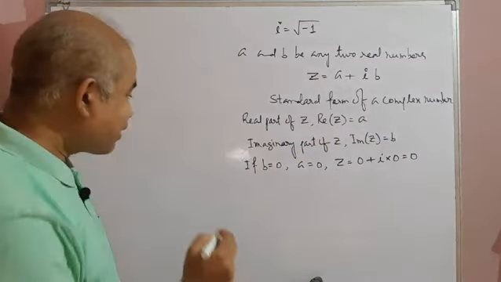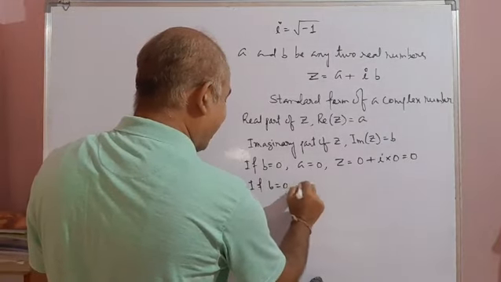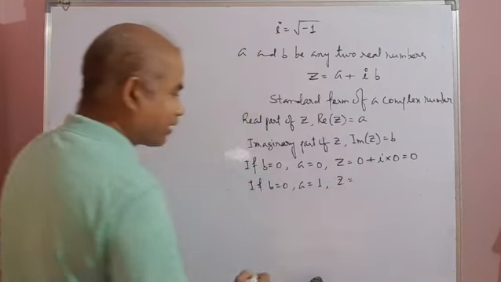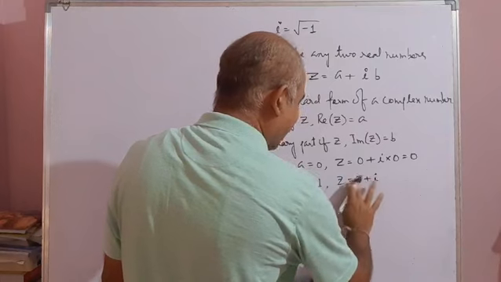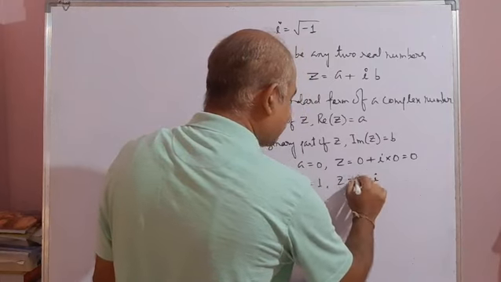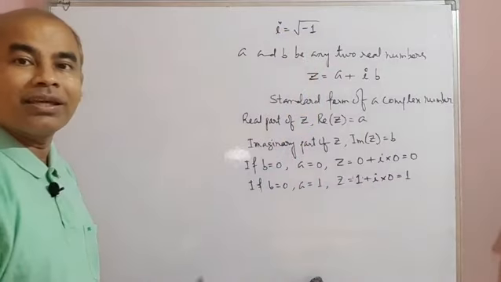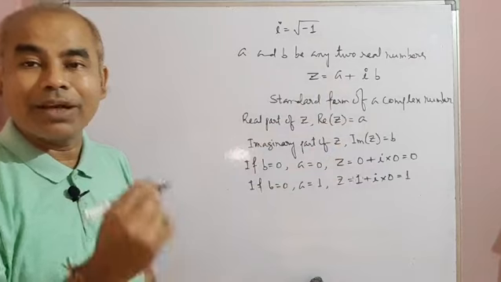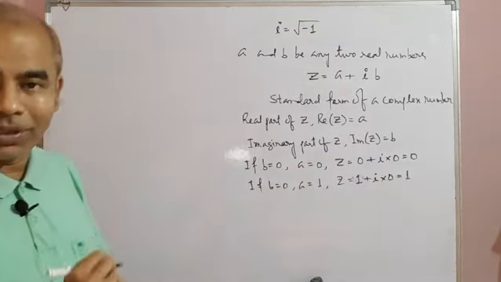Next, suppose I take b equal to 0 and a equal to a positive integer, say 1. Then my complex number is 1 plus i into 0, that is 1. That means a natural number can also be written in the form a plus ib, therefore a natural number is also a complex number.